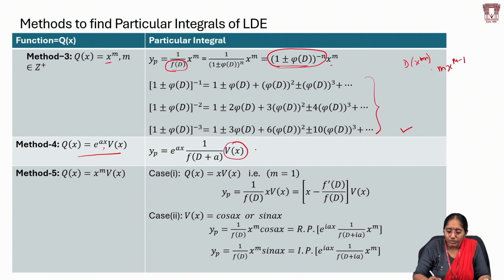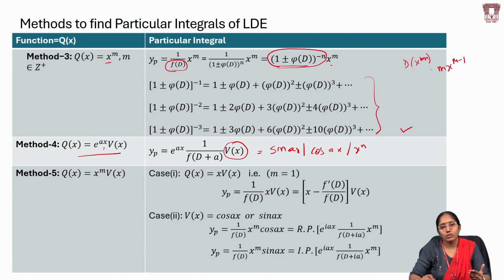Here this v of x may be sin ax or cos ax or x power n. If v of x is specifically sin, cos or x power n, then you apply again either method 1, method 2 or method 3. Just apply the appropriate method here to find 1 by f of D plus a into v of x.